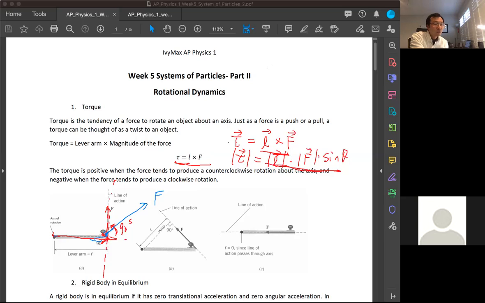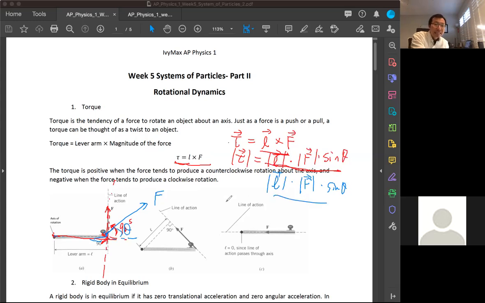If you want to find the torque acting on this door, you can still use that formula. You should have the magnitude of L times F, the magnitude of the force, times the sine theta. Theta will be the angle in between. So it is theta, right?